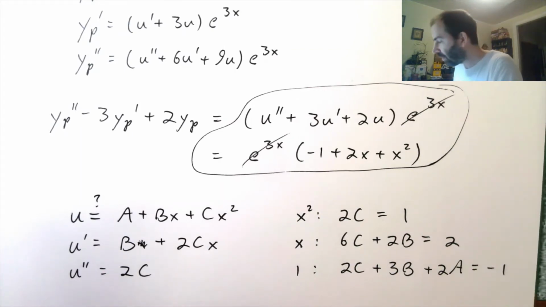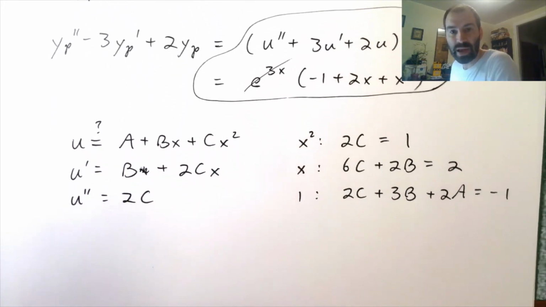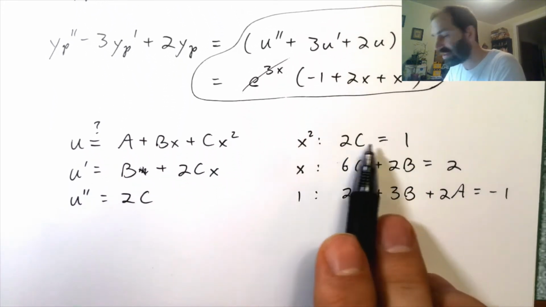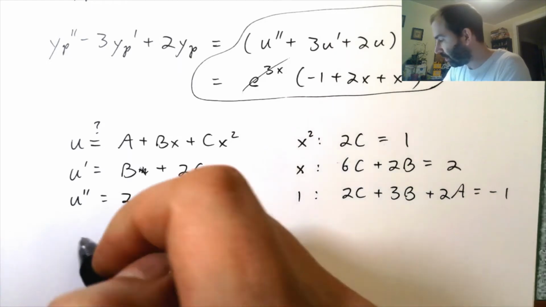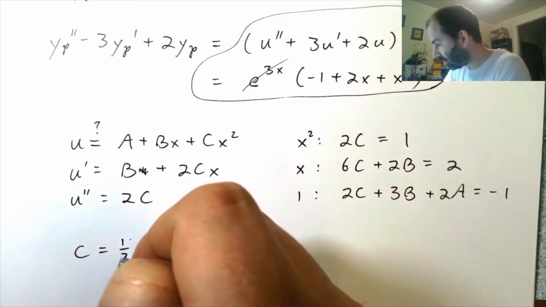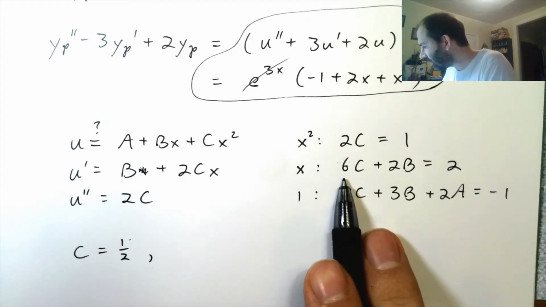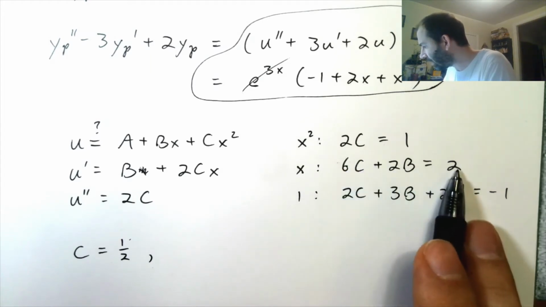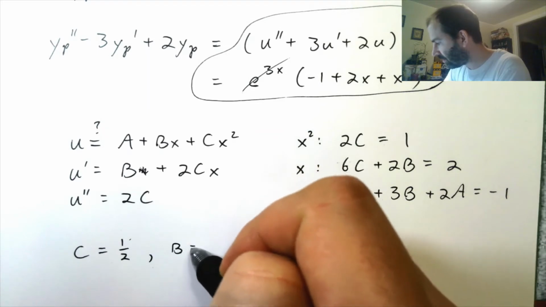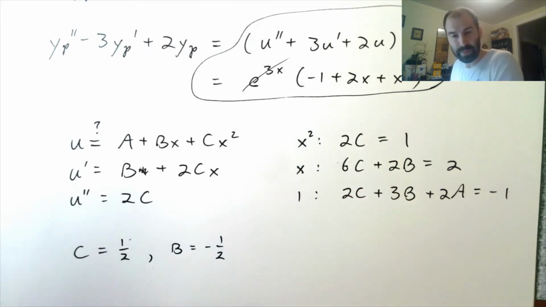All right. And when you solve that system, I can already see from the first line that I can just solve this one for c, right? c is going to be 1/2. And once you know that c is 1/2, okay, that means this is 3. Subtract it. So b is negative 1/2. Right?